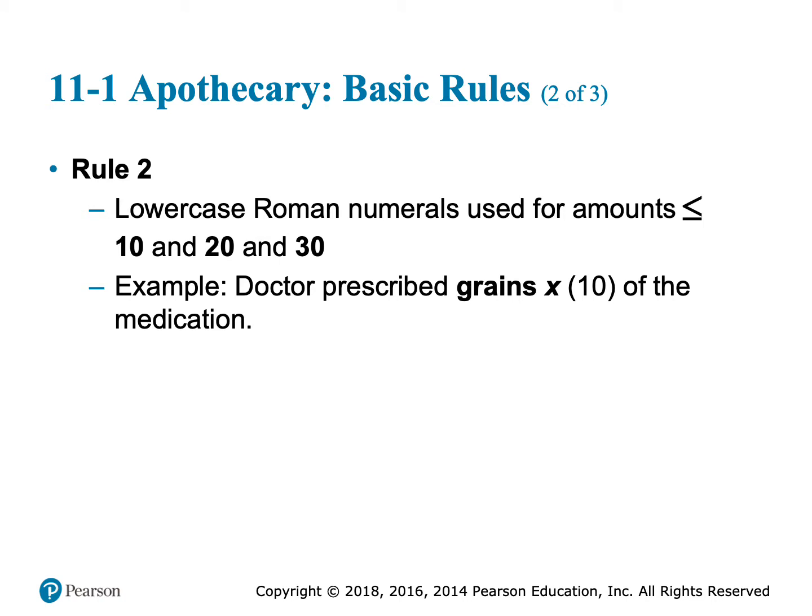Rule number 2, lowercase Roman numerals are used for amounts that are less than or equal to 10, and 20 and 30. Here's an example: the doctor prescribed grains X, which would be 10, of the medication.